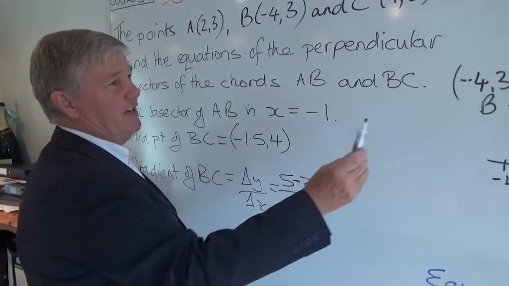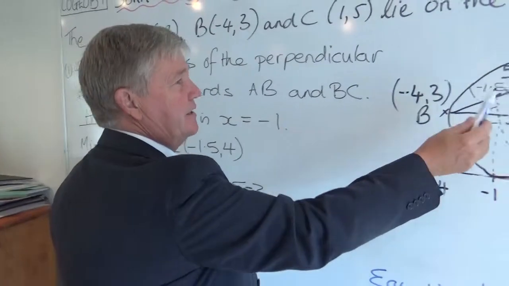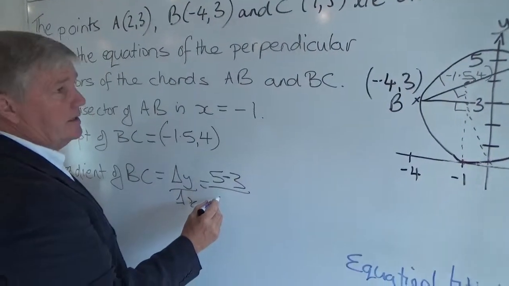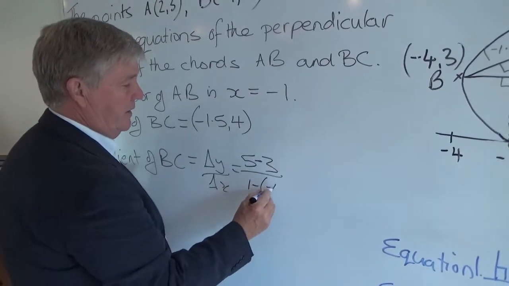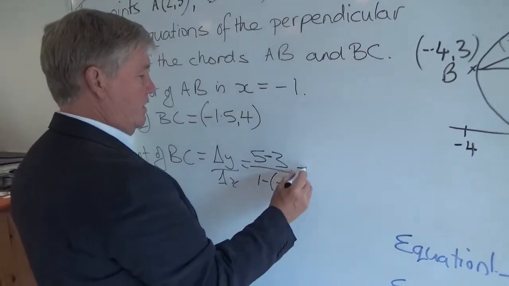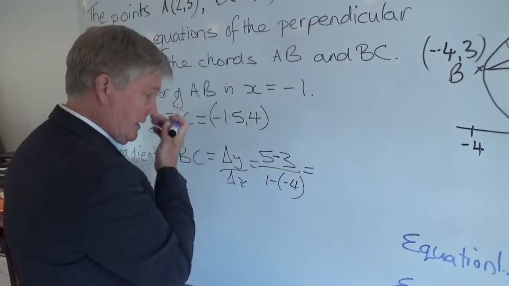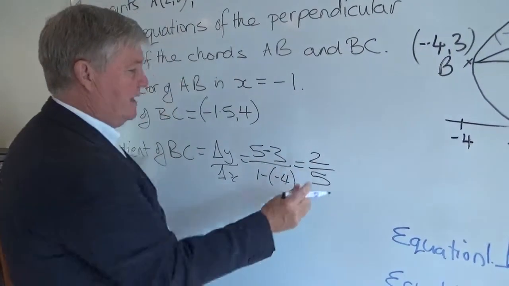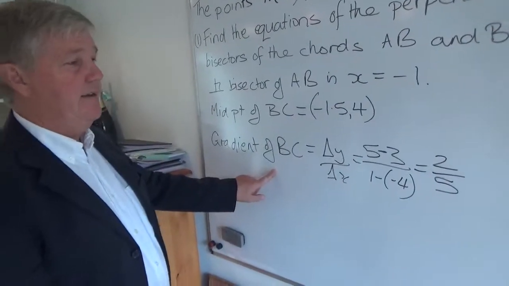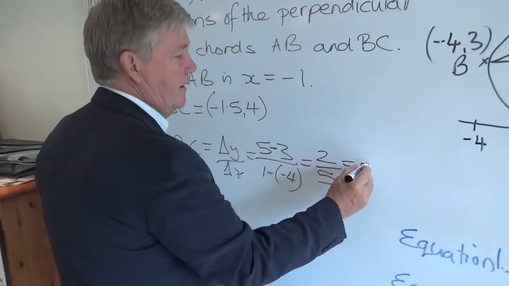The change in x from B to C is from -4 to 1, so that is 1 minus -4, which is 5. This gives 2/5. Now that is the gradient of BC. I'm going to call that m1.